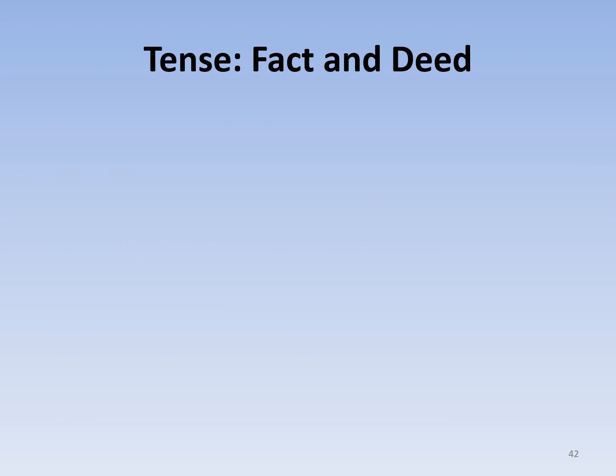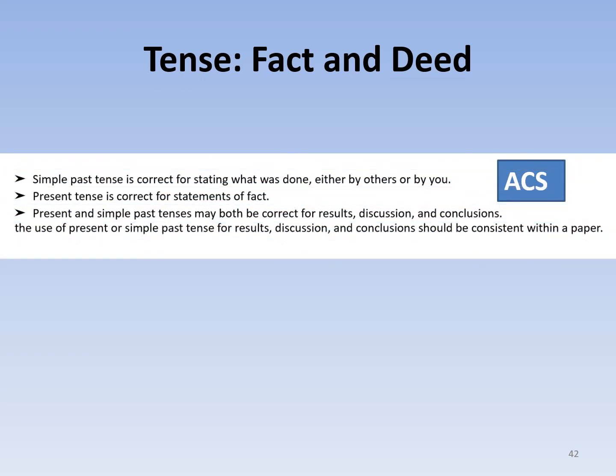And now I'm going to talk a little bit about the tense. When we write things in past tense and present tense, they can both be grammatical, but we can actually mean totally different things. If you go to the ACS guideline, you see that simple past tense is for what you did, and the present tense is for what is already considered common knowledge.